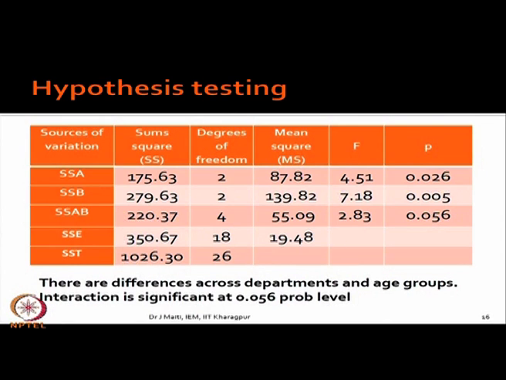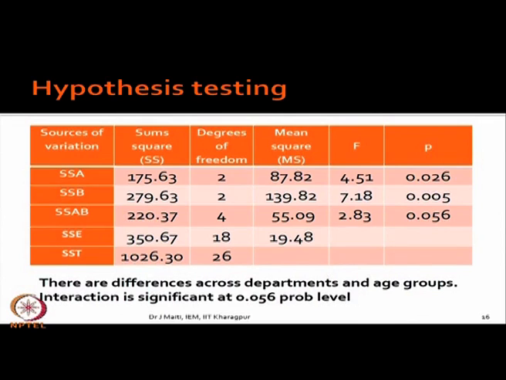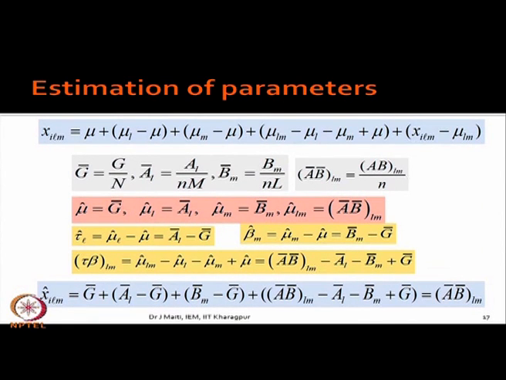Now, once this test is over, what is your next? You have to estimate the parameters. These are the formulas for estimation of parameters. You see here, again we are partitioning the observation in the ILM observation: mu plus mu L minus mu, this is the A effect, mu m minus mu, that is the B effect, then mu L m minus mu L minus mu m plus mu.